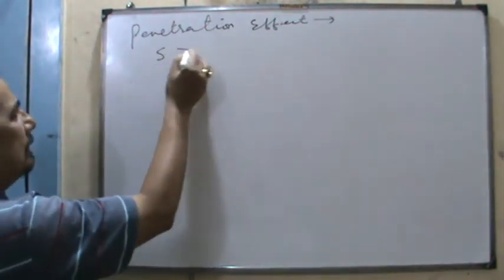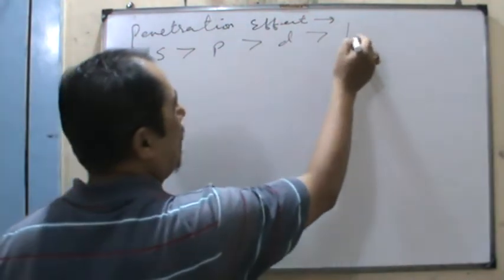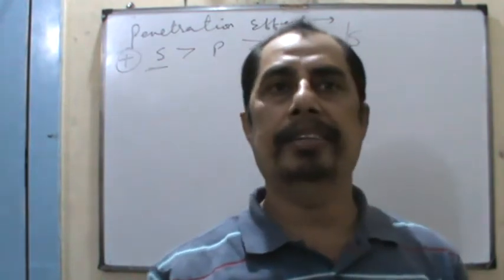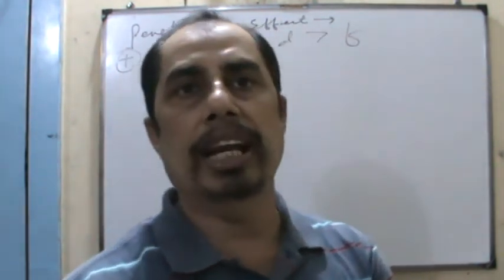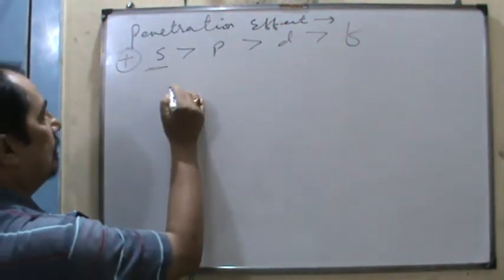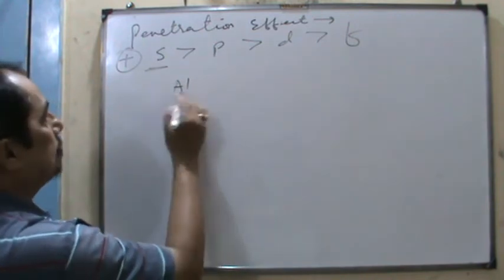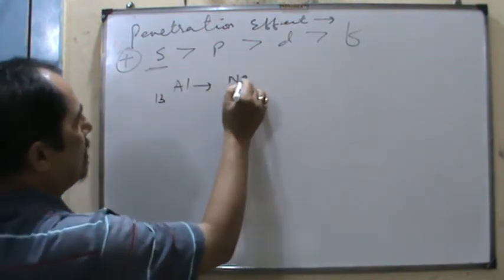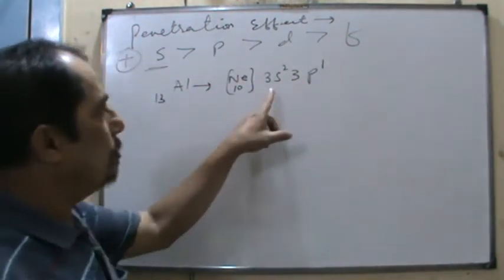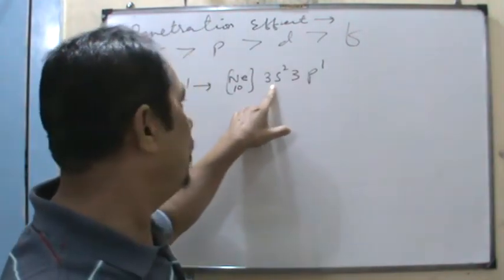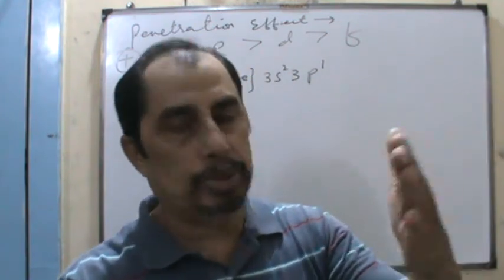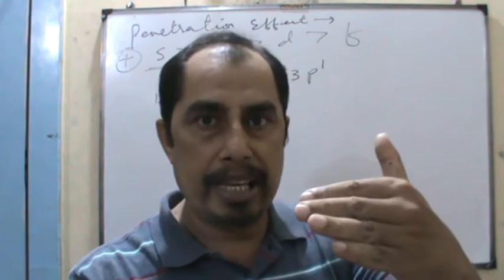S is very close to the nucleus, then P, then D, and then F. So S has maximum penetration, then P, then D, and then F. So it is difficult to lose an electron from S rather than P. For example, aluminium, atomic number 13, neon core, then 3s2 and 3p1. Which has more penetration? S has more penetration, meaning more attraction of the subshell with the nucleus, because S is closer to the nucleus than P.